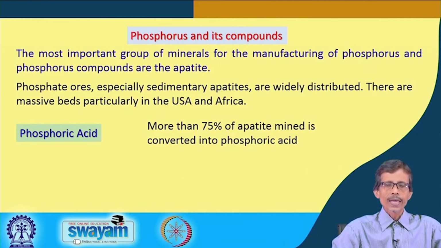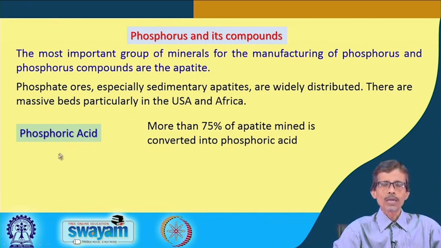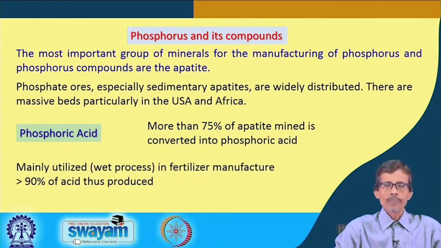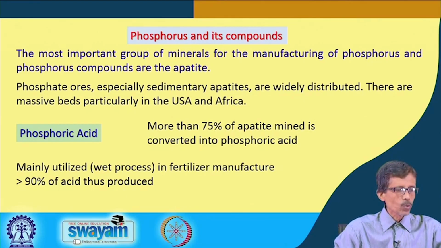So, how can we make that? More than 75% of the apatite that we mine is used directly for other purposes. That 75% of what we get from the mining industry will be converted into this useful form, phosphoric acid. Like the nitric acid we discussed earlier, phosphoric acid is also a useful inorganic mineral acid, useful for many different purposes, as are its different acid salts.